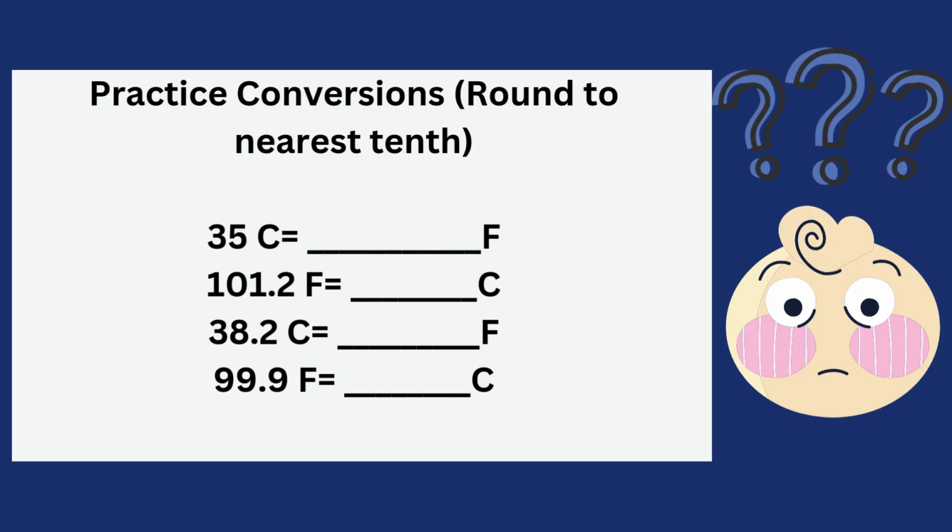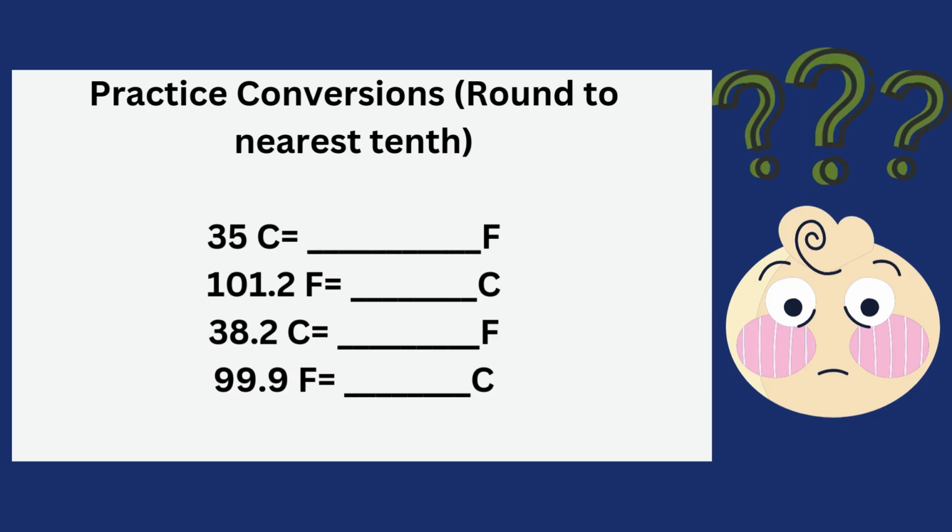Our next problem is we know what it is in Fahrenheit, and I want to know what it is in Celsius. So I'm going to take that 101.2 in Fahrenheit, subtract your 32, and then divide it by 1.8.